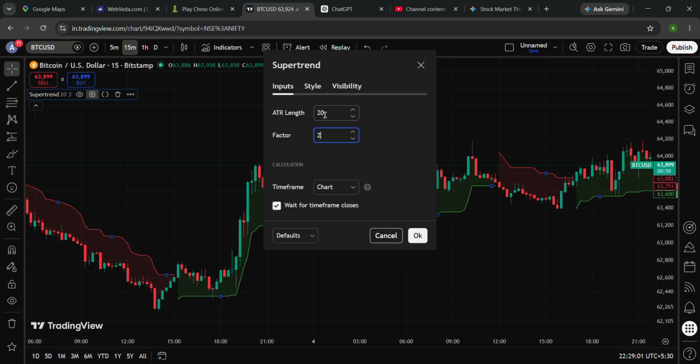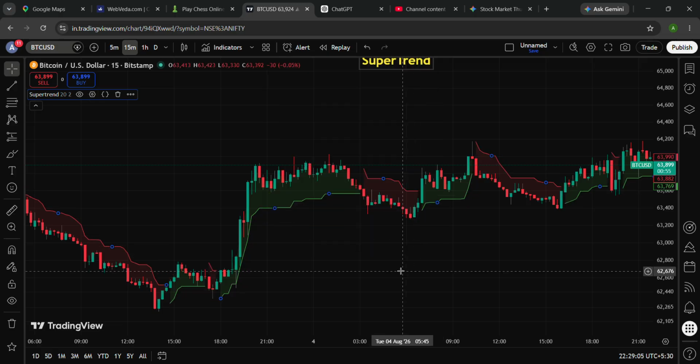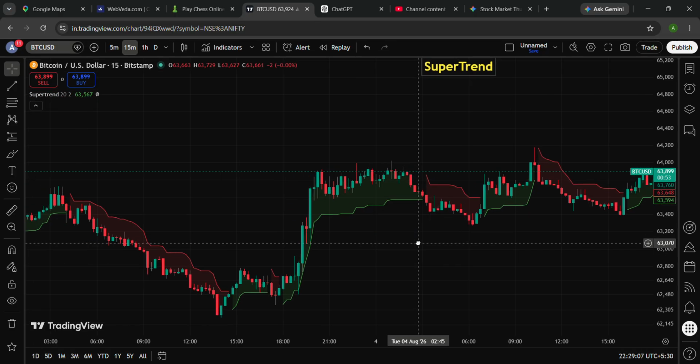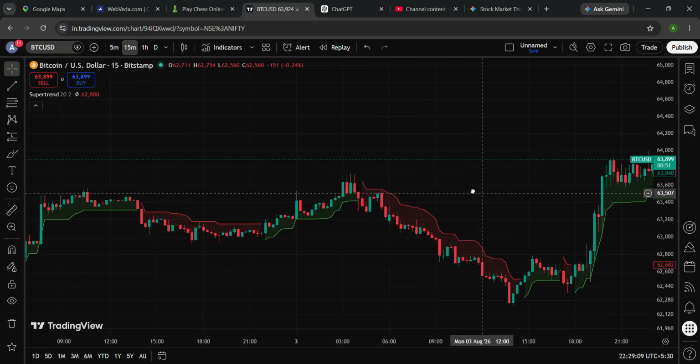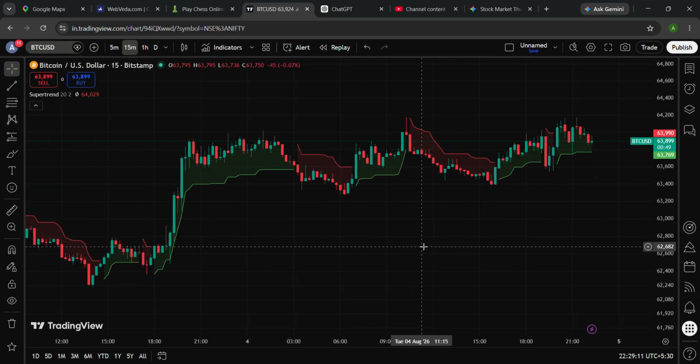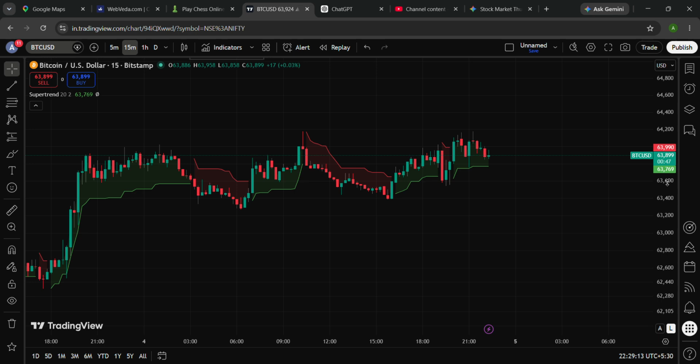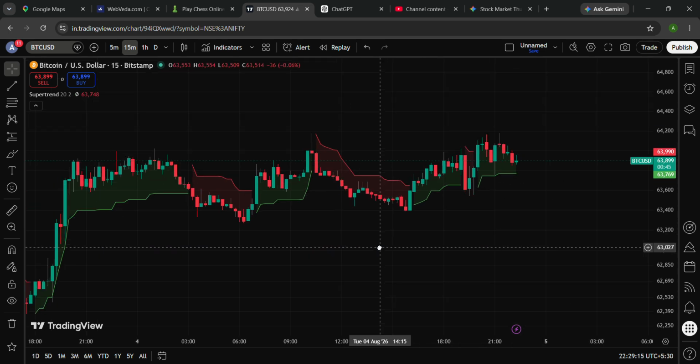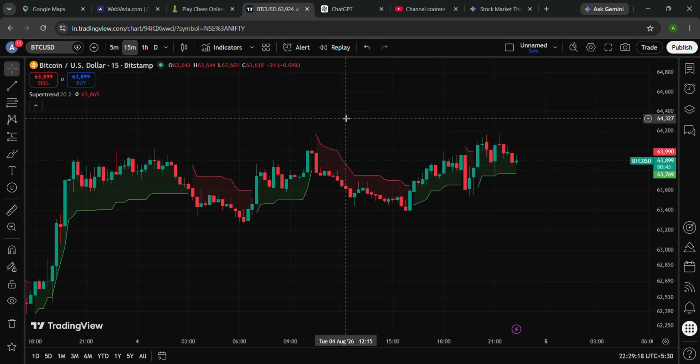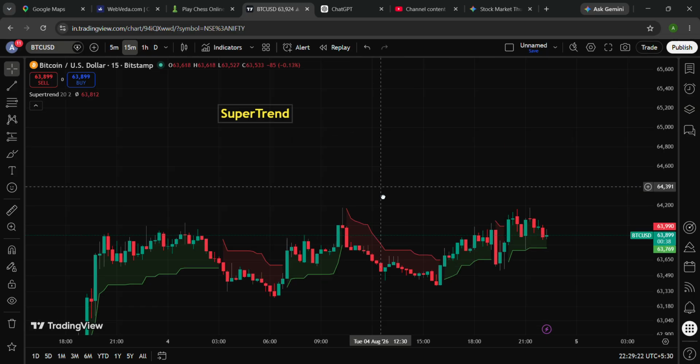Turn the ATR length into 20 and the factor into 2. After that, it will give you a proper signal like that. So that becomes a little bit faster, and it will show you the movement a little bit faster than the 10-3 would give you, right?